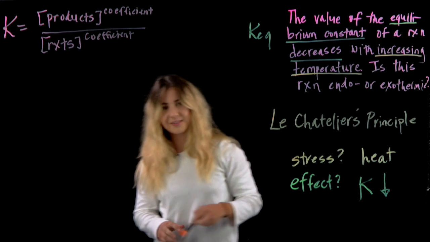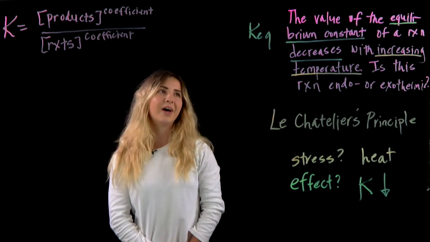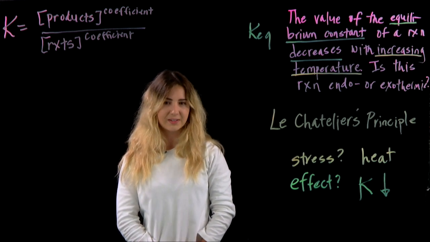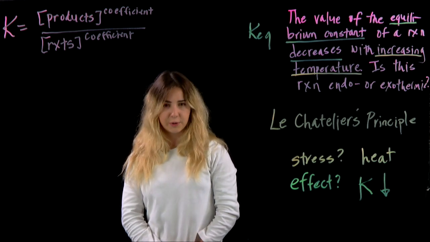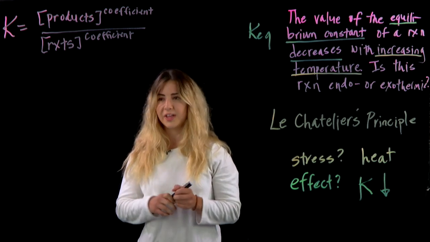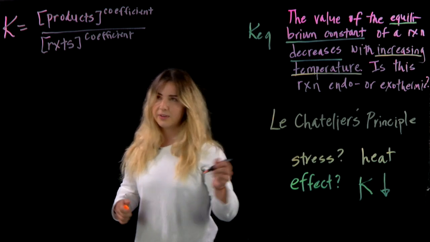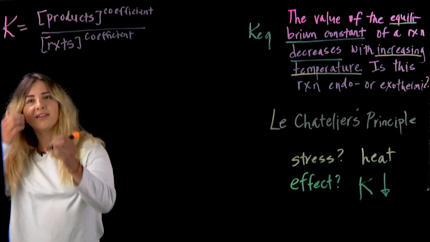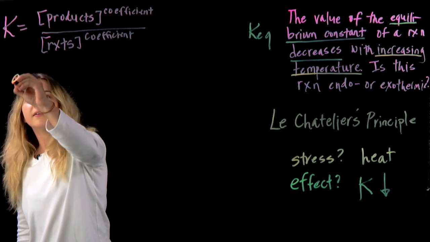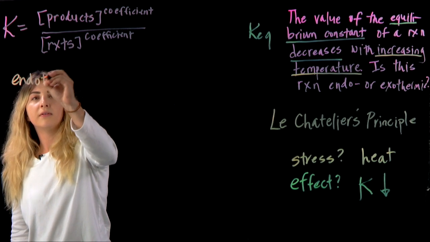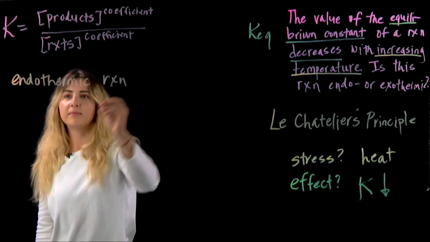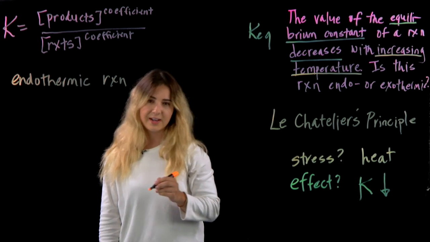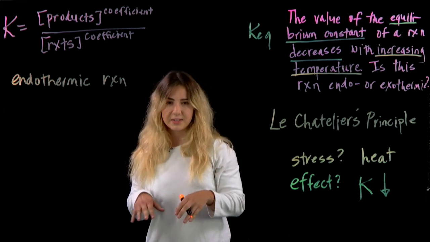So in this case, we have some unknown reaction. They don't tell us exactly what it is. But we want to know if it's endo or exothermic. So let's write out both. Let's write out endo and exo and see which one makes sense, considering K. An endothermic reaction, as you know, requires heat to run.